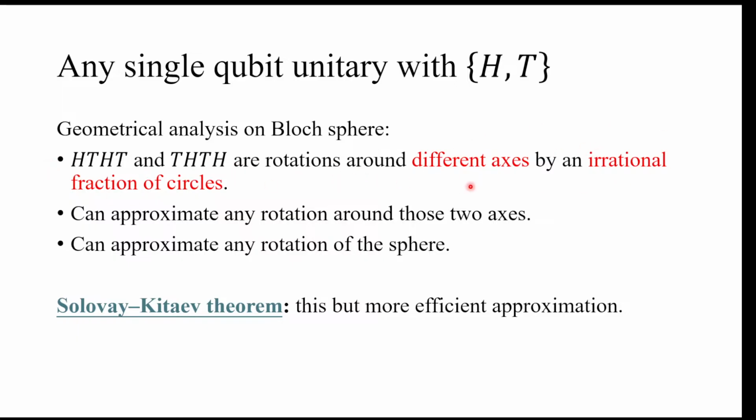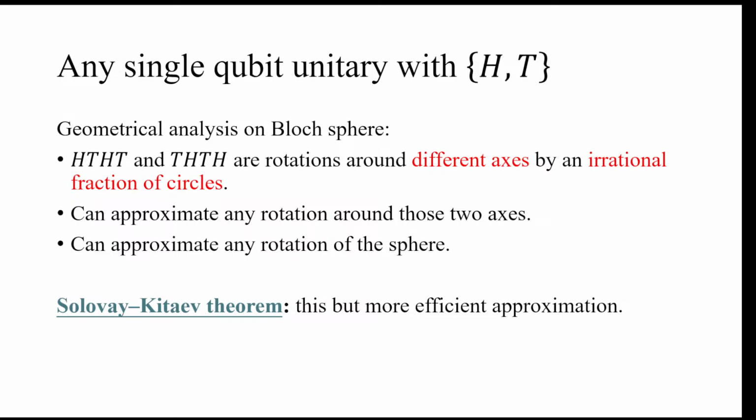So we need two facts about them. So first, they are rotations around different axes. Okay, so just some axis, of some angle. The angle doesn't matter, it's some angle. And also, the rotation angle they give here is an irrational fraction of a whole circle. Okay. So this is why we want to swap from H and T to those two things.